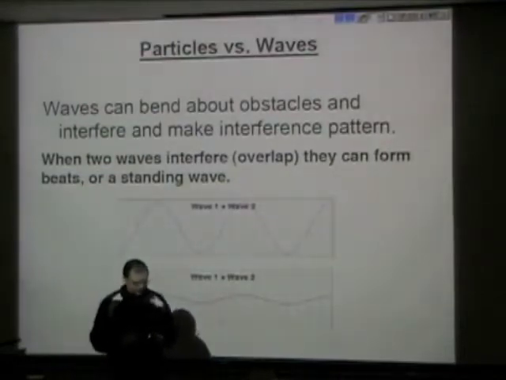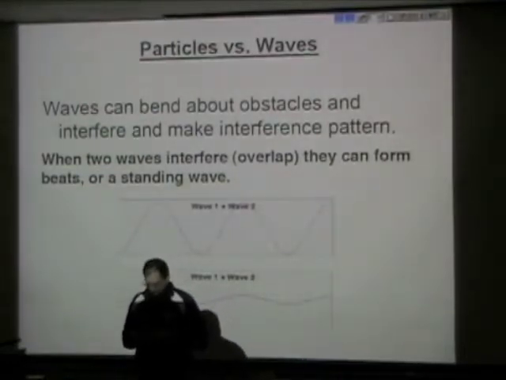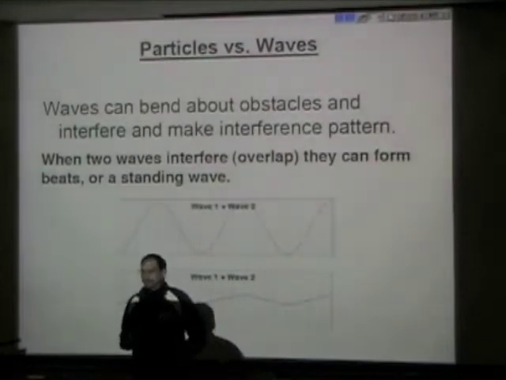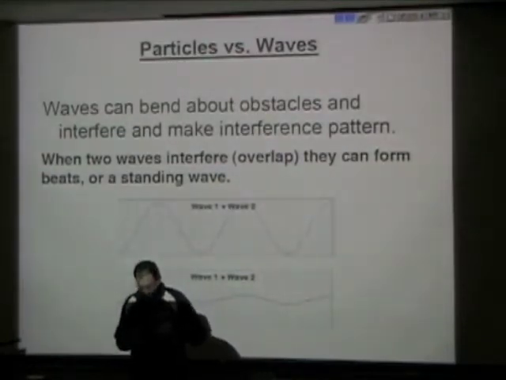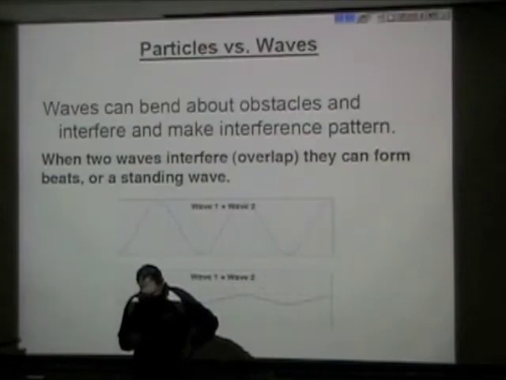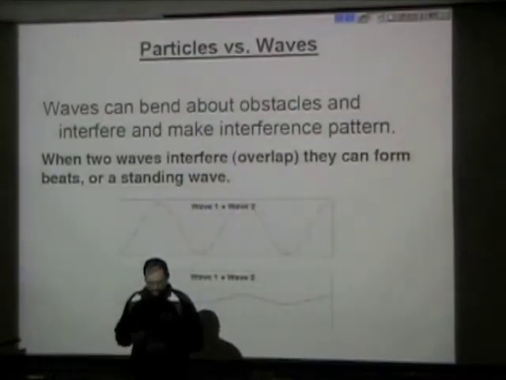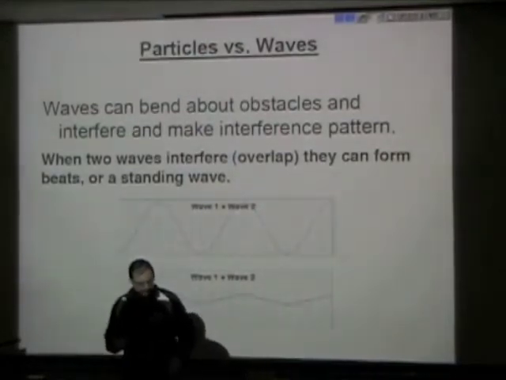The name for two sources like that is coherent. We can easily generate coherent sound waves. The frequency doesn't change with time, no phase difference at all.